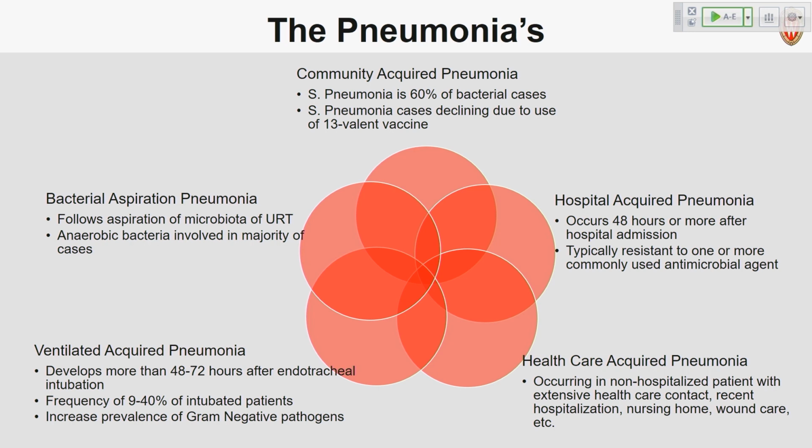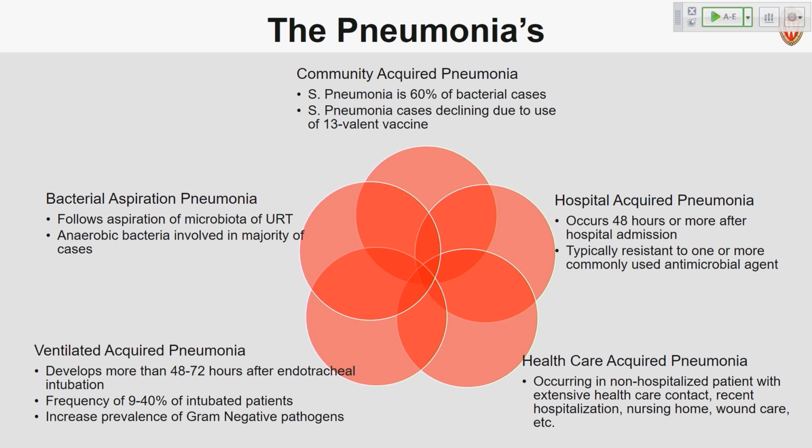So again, as I was trying to remember those acronyms, I do have them at least defined here a little bit better. So the pneumonias and all the overlapping things occurring here. So the community-acquired pneumonia, of which Strep pneumoniae being 60% of the bacterial cases of pneumonia, which may not jive with what you see when you're doing lower respiratory tract cultures, but that'll be covered as to the why a little bit further within the presentation.